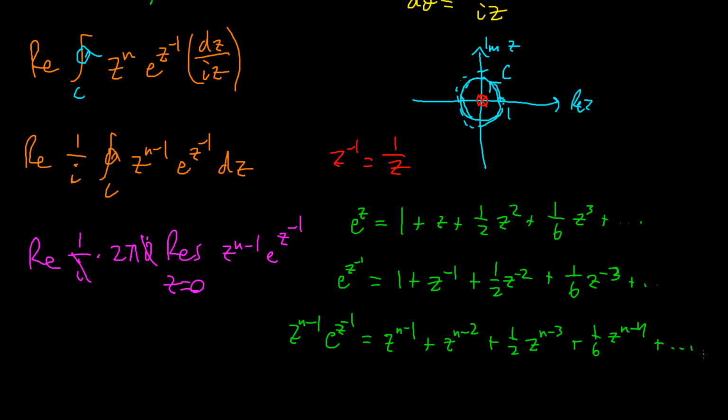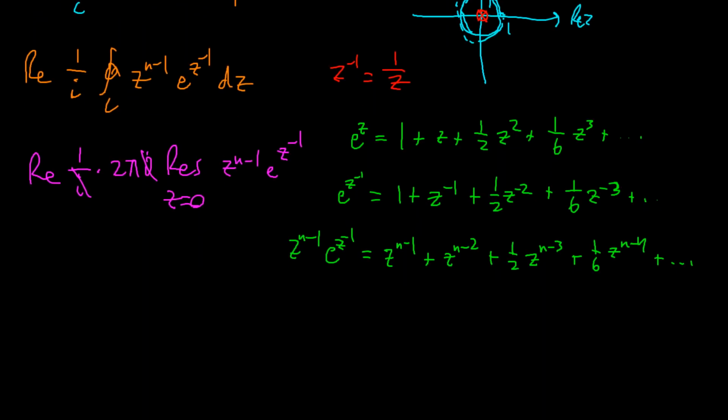Now the residue is going to be the coefficient of z to the power of negative 1. So we have to go one by one for each value of n. If n equals 0, then the residue at z equals 0 of z to the n minus 1 e to the power of z to the negative 1 equals 1, because when n is 0, this term is the z to the negative 1 term, and the coefficient is just 1.